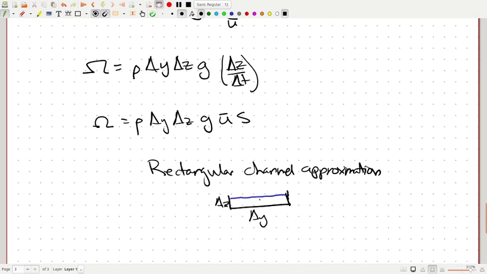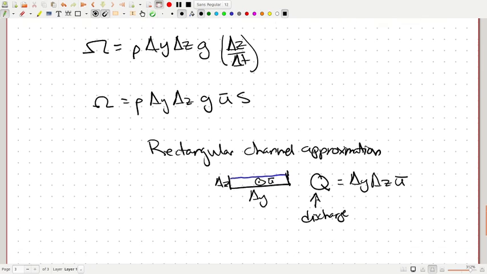And so let's just imagine that then coming out at us, we have u bar. And therefore, we can say that the discharge going through the river, so this is discharge, is just equal to delta y, delta z, times u bar.